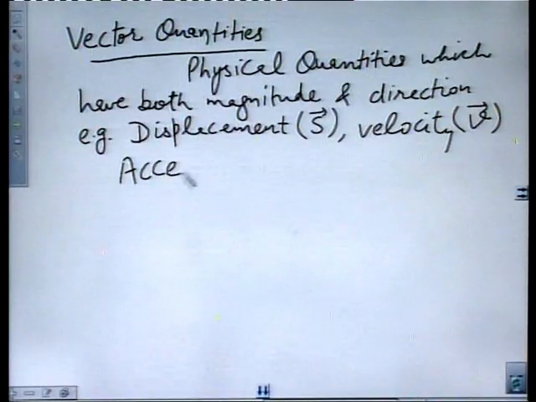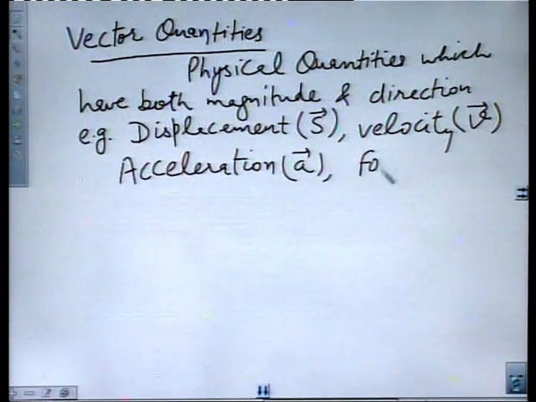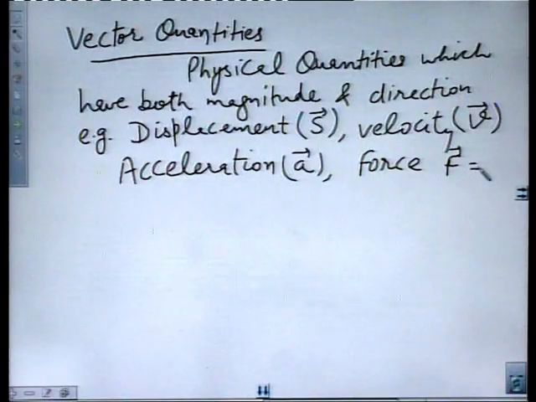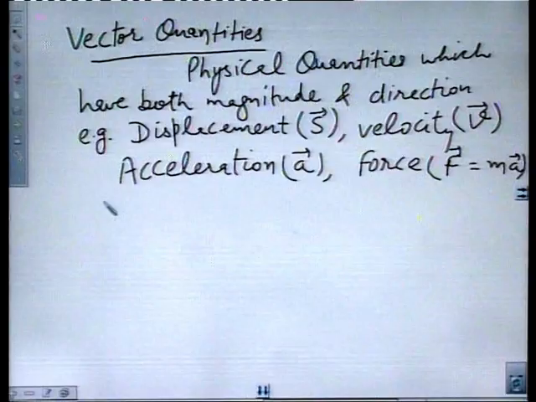Acceleration, A vector. Force is F vector. Remember that force is equal to mass into acceleration. Mass is scalar quantity, whereas acceleration is vector quantity. Multiplying mass with acceleration, we get force, which is a vector quantity.